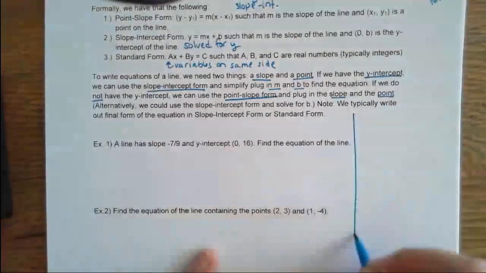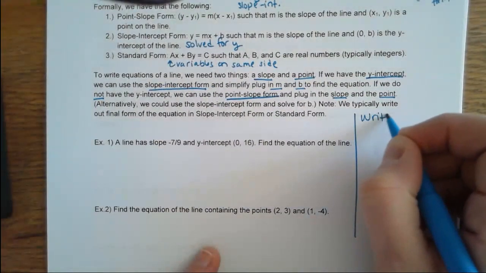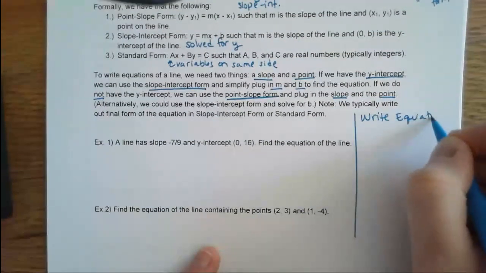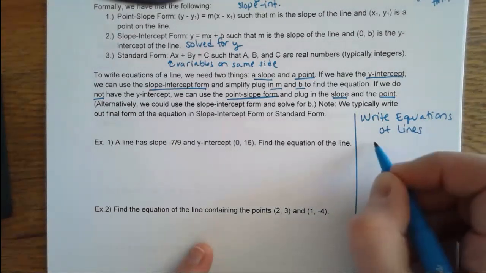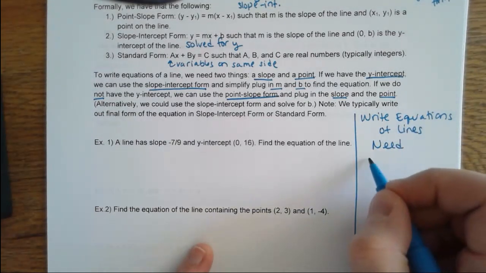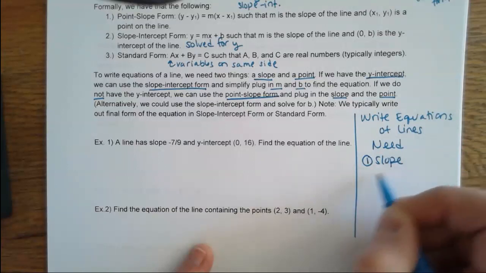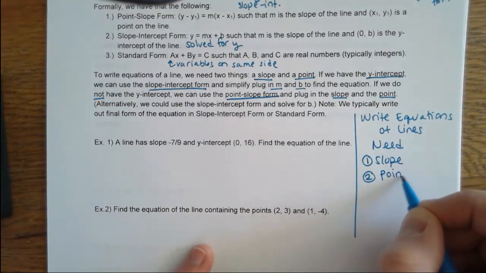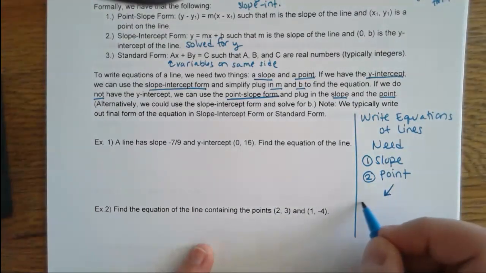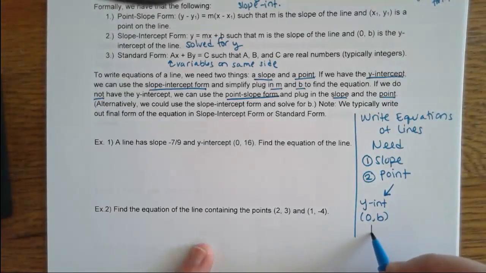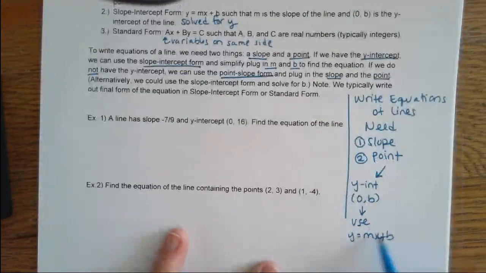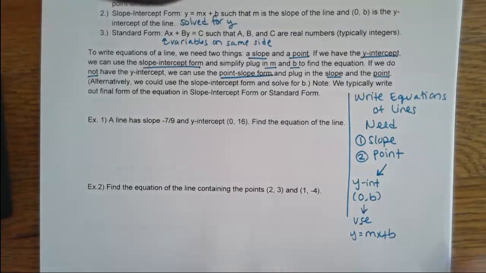All right, so to kind of summarize here, when we write or find the equations of lines, we need two things. So you always need a slope, and you need some kind of point. Okay? If your point is the y-intercept, right, so you have the point (0, b), then I recommend that you use y equals mx plus b, because you can plug in the m and the b very quickly, and you're done.